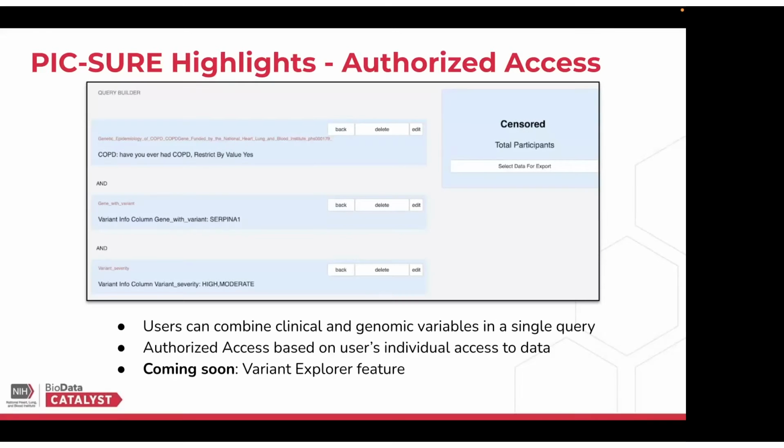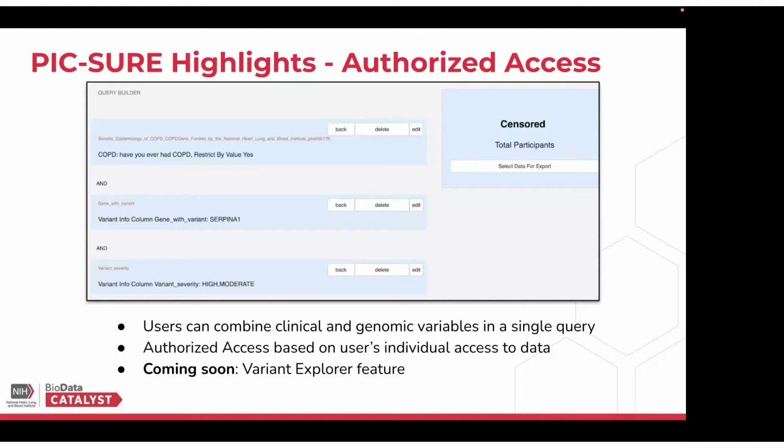And so PIC-SURE specific, some ways in which we democratize data on the ecosystem is allowing users to access the data in a new way. This includes our authorized access portion. If you've been granted access to a study, you can look at participant level counts and participant level data, and you can combine clinical and genomic variables in a single query to narrow down your cohort.